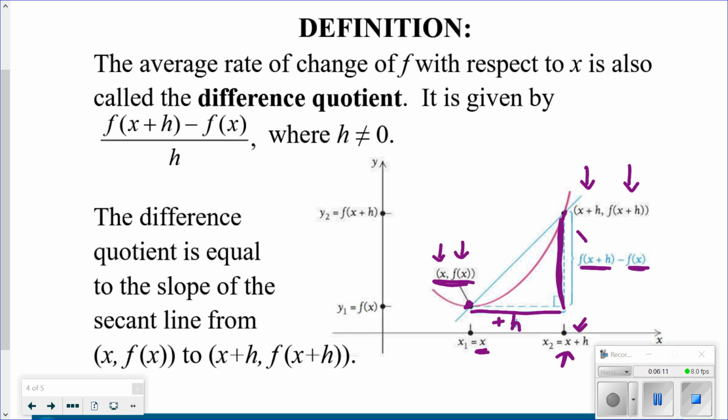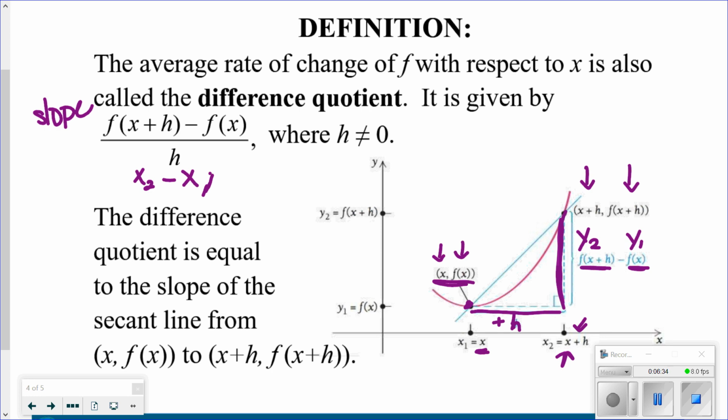Remember, this is still the old y2 minus y1. And h, remember, is my old x2 minus x1. This is still slope, our average rate of change between those 2 points.